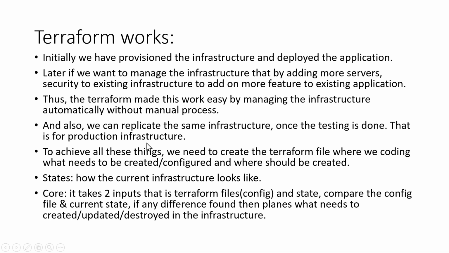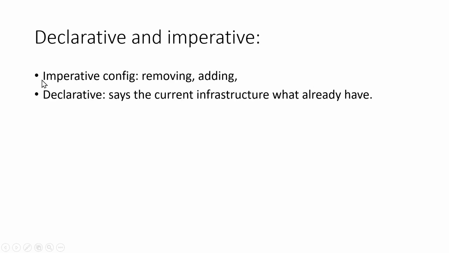Here we come across a comparison of configuration and the current state, right? We have some specific words or technical terms we make use of, that is declarative and imperative. Imperative configuration is removing and adding.